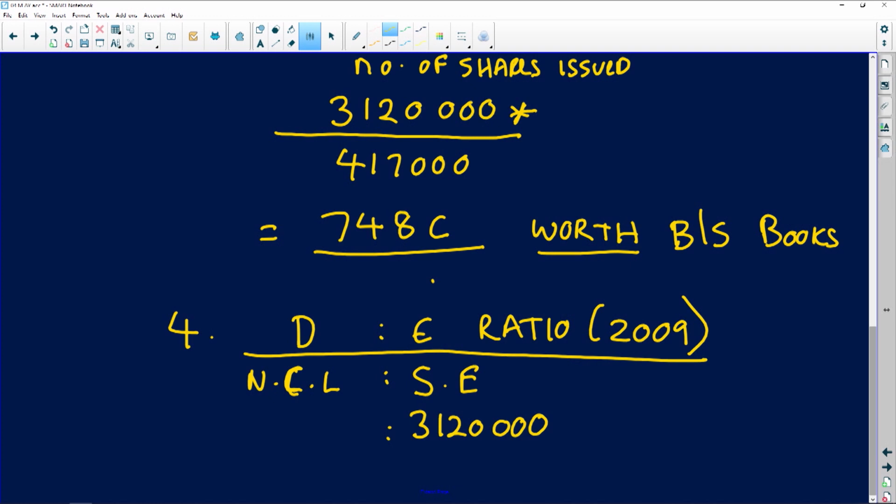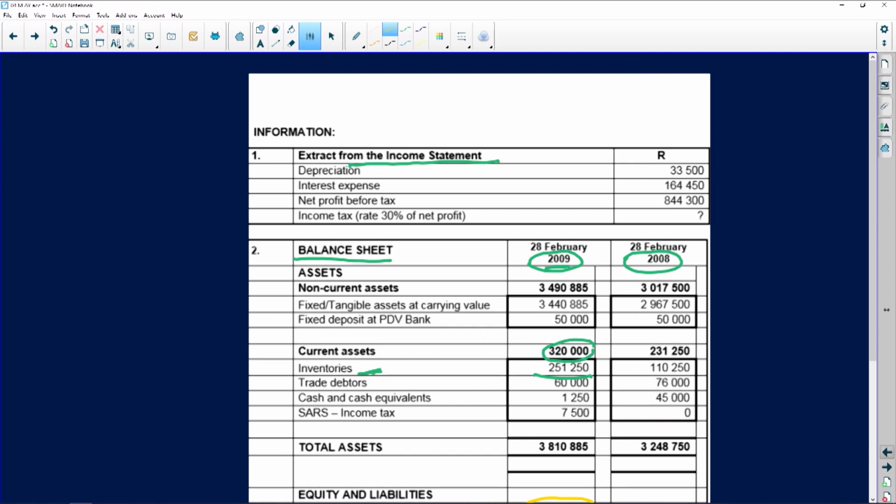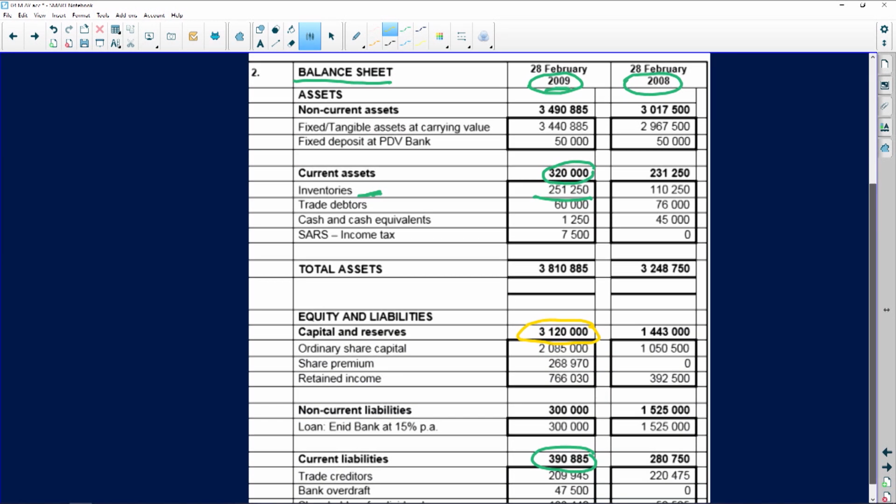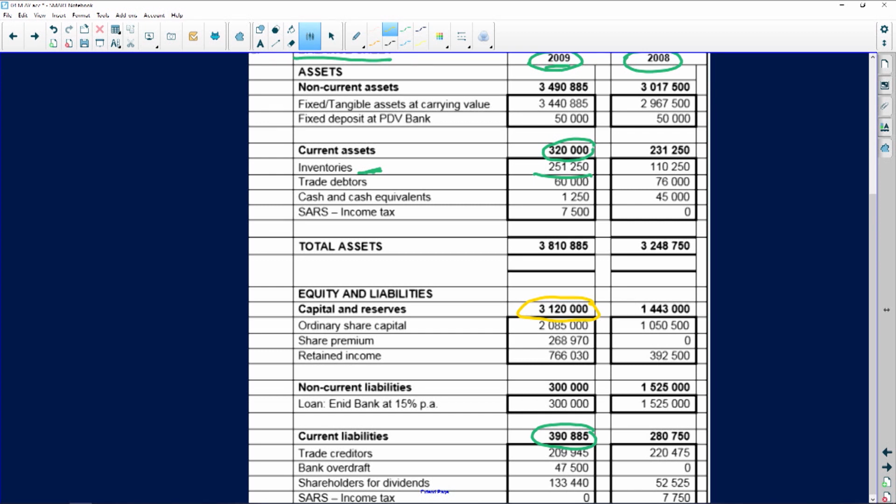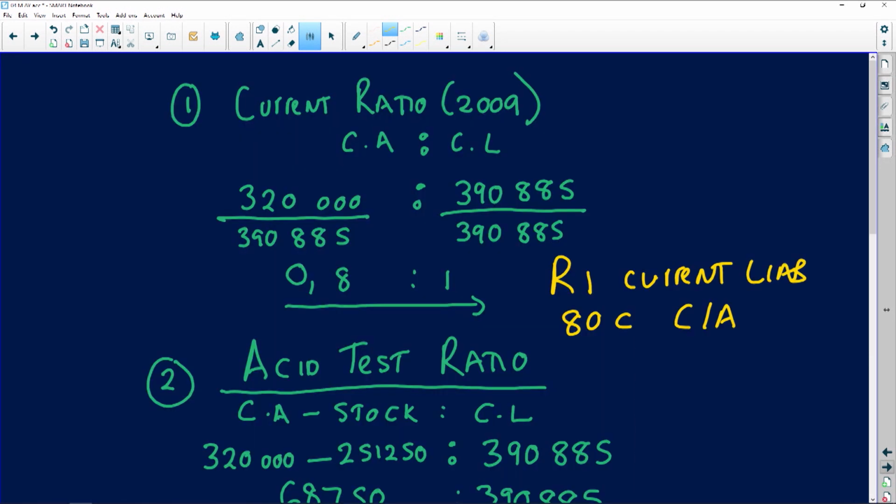And now let's go to non-current liabilities. So obviously we've got to now go back to the balance sheet. So my non-current liability, okay, there we go. So non-current liability, an amount of 300,000. So let's take that through.